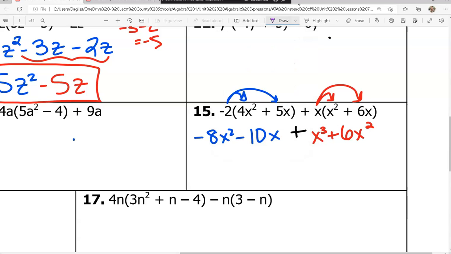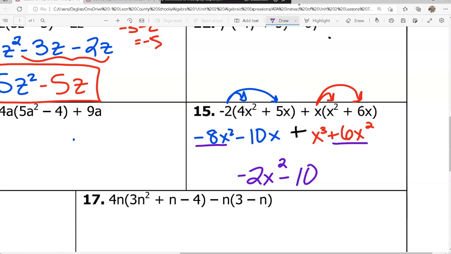What are we going to write first? Okay. What is -8 plus 6? It should be -2. Okay. Then what? Well, what else do I have?